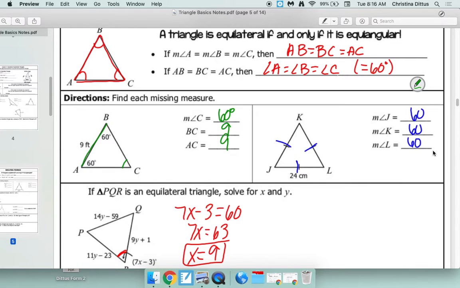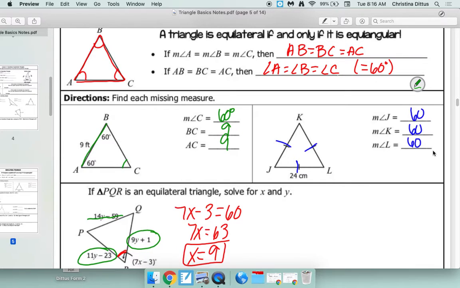Like 14y minus 59 equals 9y plus 1 equals 11y minus 23? No, just 2. Good. So you pick any 2. It does not matter. I like lower numbers, so I'm going to ignore the 59 because big numbers scare me. So literally, you just choose 2.